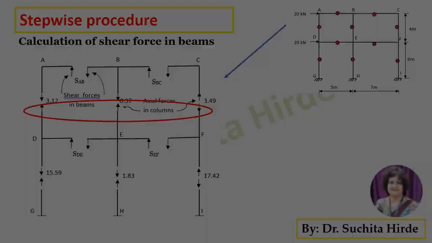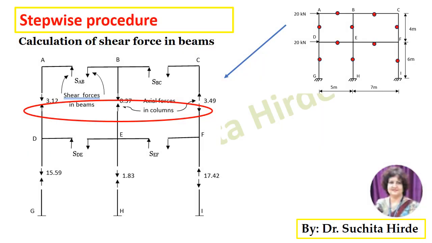Then show equal and opposite forces on the other part. So on the top it was downward 3.12 for the leftmost column. It will be upward 3.12 for the bottom part.